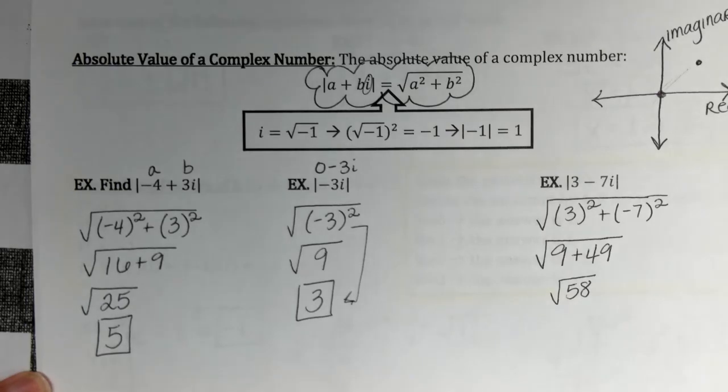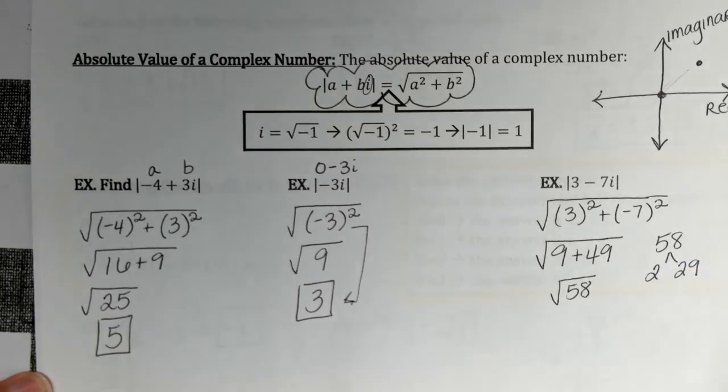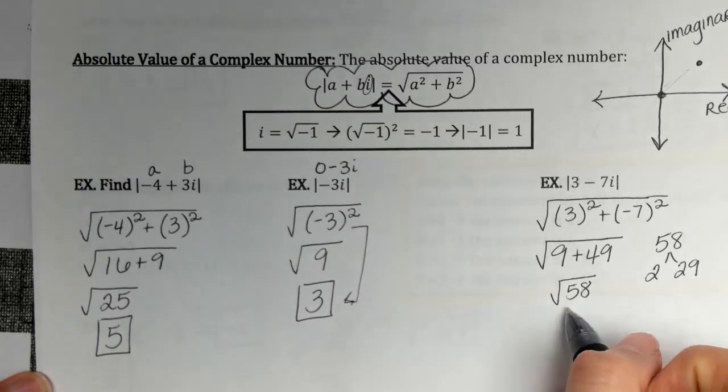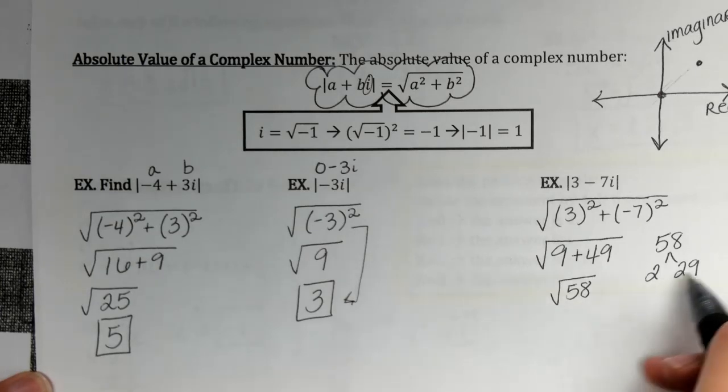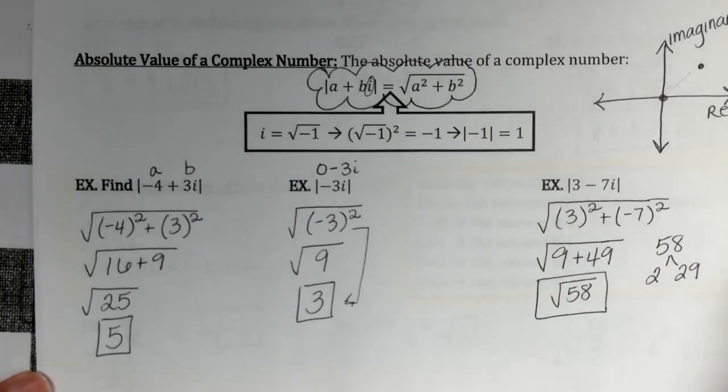Okay, square root of 58, can that simplify? 2 and 29. 29. Can that simplify? So even though it looks like a 58 could be simplified, when you get here, they're both left over. You can't find pairs. Square root of 58 is all that I put for my answer. Okay? Y'all good with that?